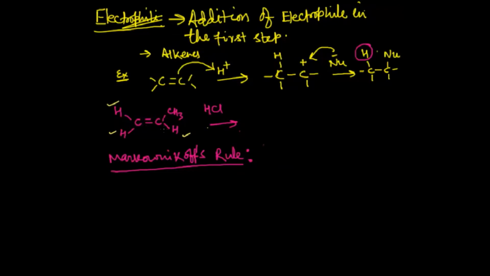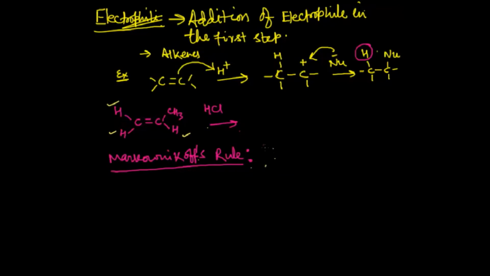That is one way of predicting the product. But when it comes to conceptual correctness, what we must realize is that it is the carbocation stability which determines the orientation of the groups, or the position of the groups.